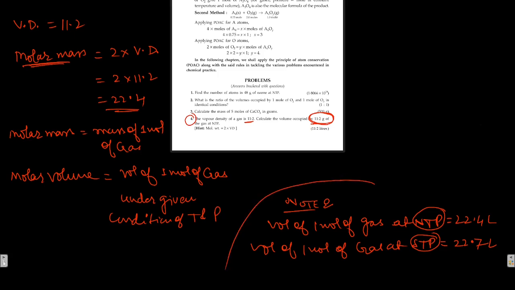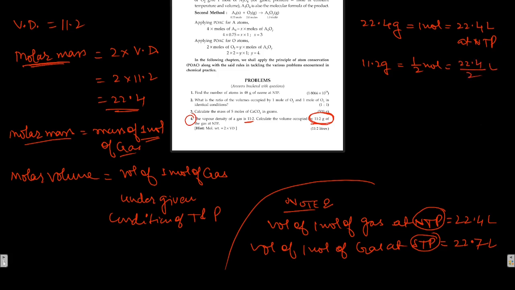Now, dear friends, we can say that this is the mass of 1 mole. So 22.4 gram is equal to 1 mole is equal to 22.4 liter, since at NTP the molar volume is this. So 11.2 gram is equal to half mole is equal to 22.4 divided by 2 liter at NTP. So this is 11.2 liter at NTP.